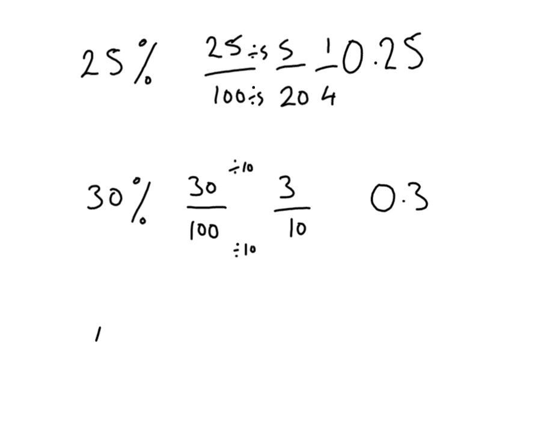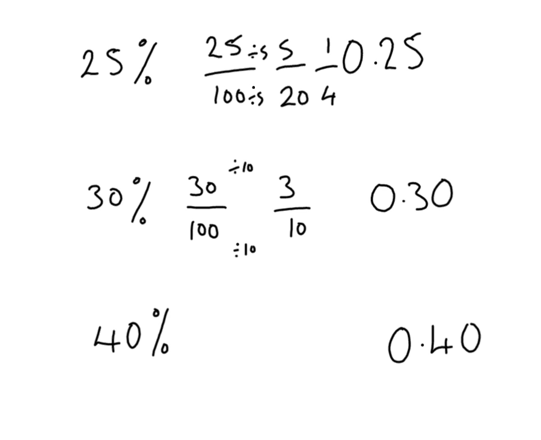If we had 40%, we would have 0.4, because we're dividing by 100, or 0.40 if you prefer it that way.